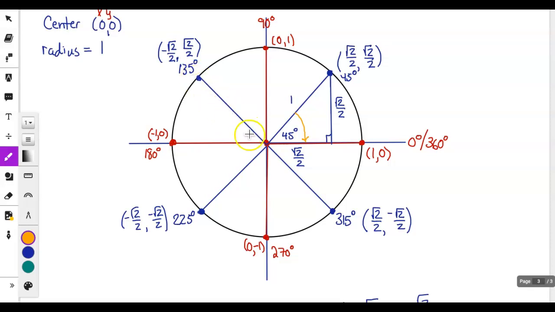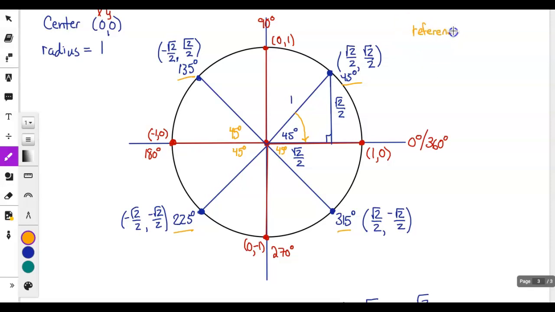This angle here is also 45 degrees from the x-axis. This angle 225 is also 45 degrees from the x-axis. And lastly, 315 degrees is 45 degrees from the x-axis. So these angles, 45, 135, 225, and 315, all have the same reference angle.